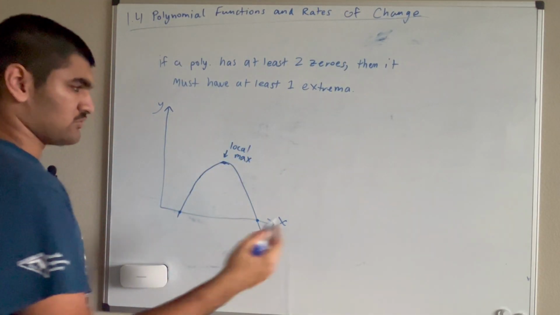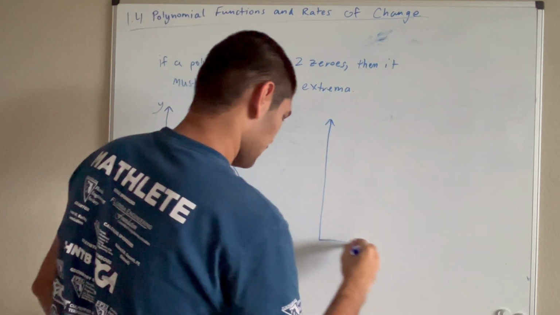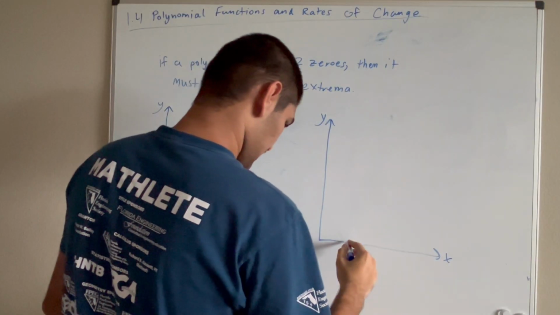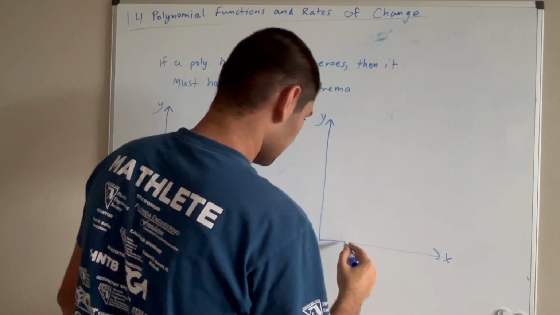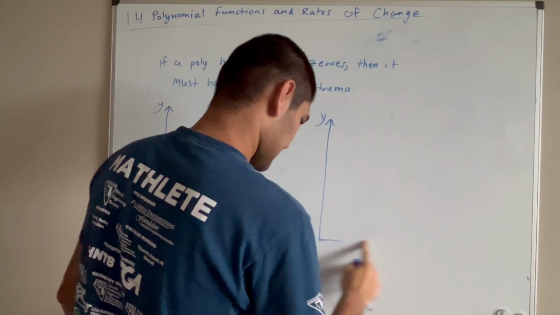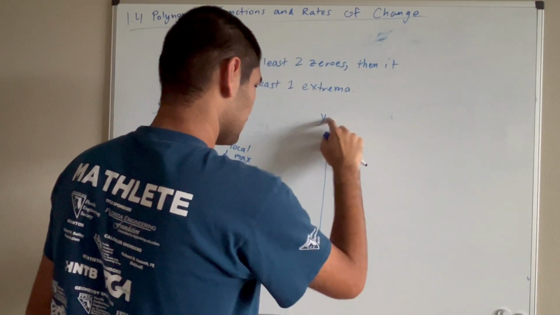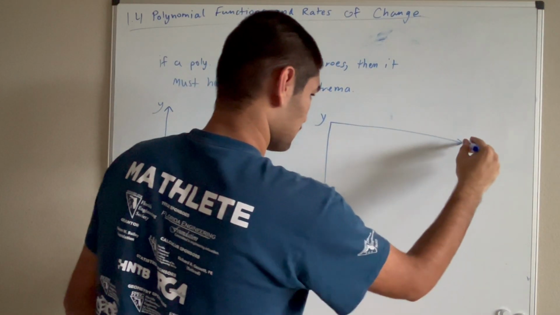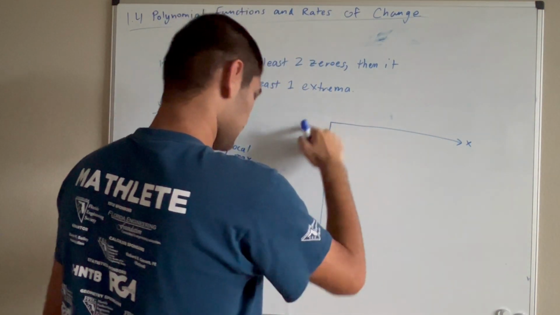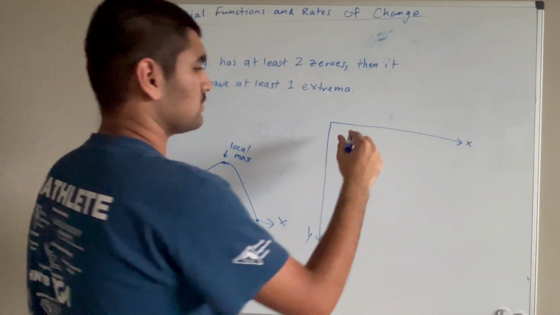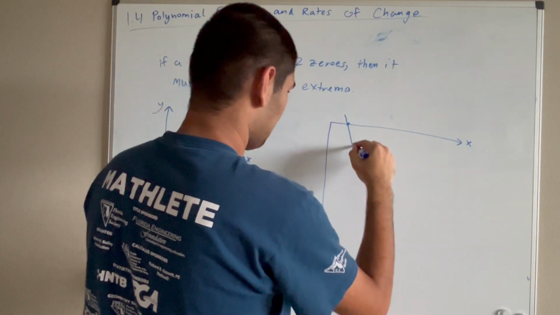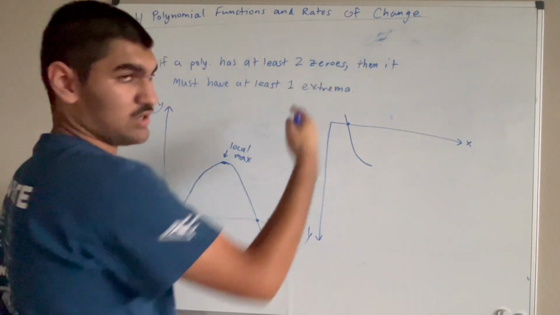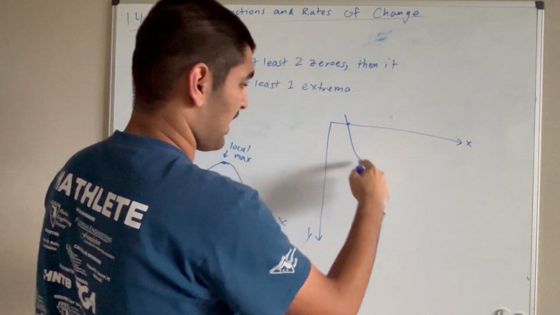And this works the other way around too. So, for example, let's say now you're approaching from this side. So let's actually put the x-axis up here. Anyway, so let's say now you're coming down like this. Again, if you were to intercept the x-axis again in order to have two zeros, you have to come back up.